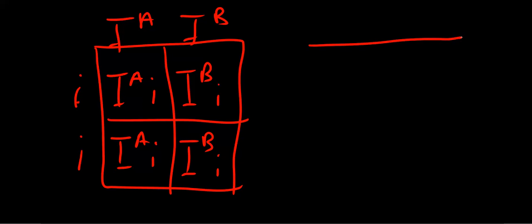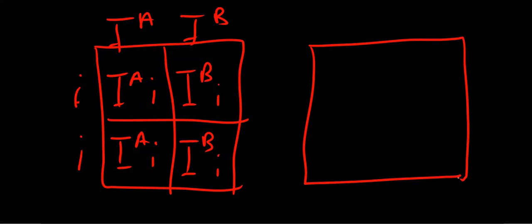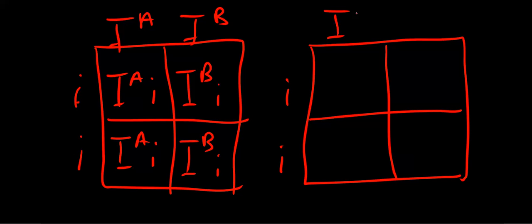Let's do another one. Let's say we know the mother is O, and we know the father is A, but we do not know if they are homozygous or heterozygous.